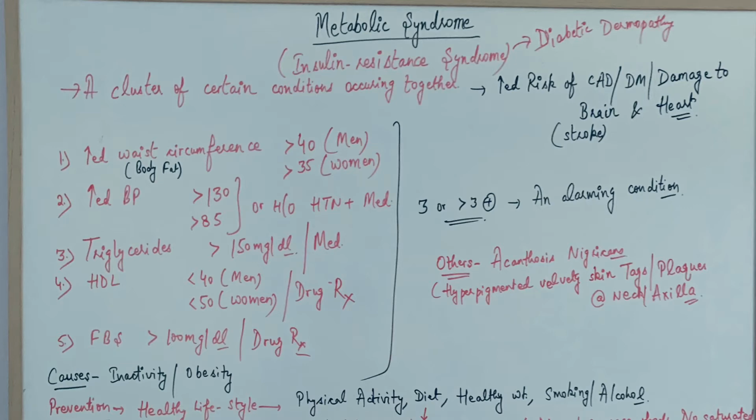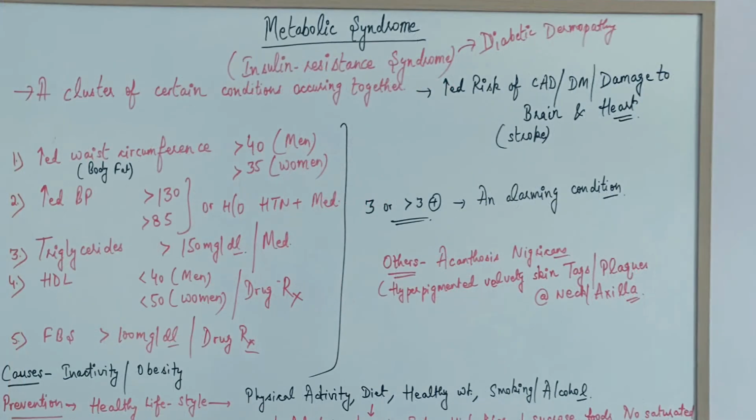The patient should be alert that the body is going into a bad phase, and it can lead to some cardiac diseases. The second condition is increased blood pressure. The systolic pressure is more than 130, and the diastolic pressure is more than 85, or the patient already has a history of hypertension and is already on antihypertensive medications.